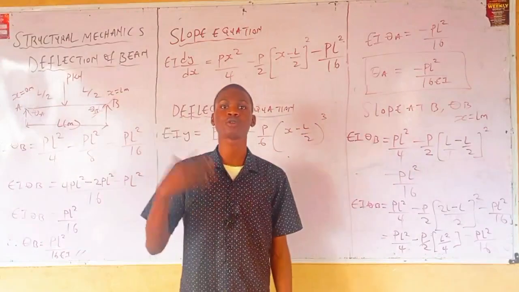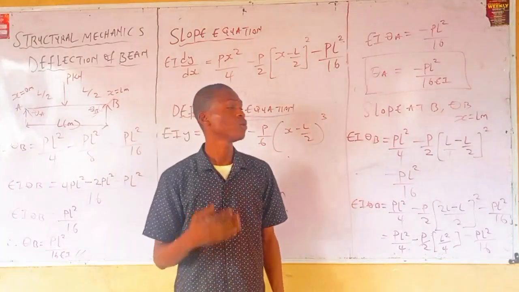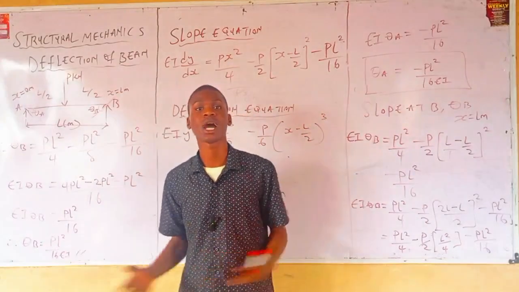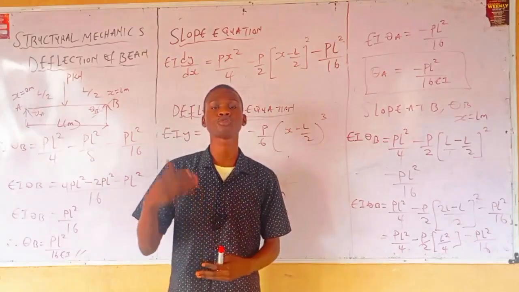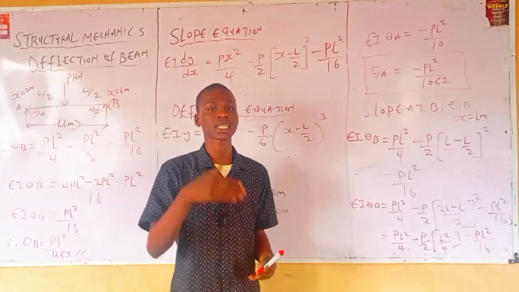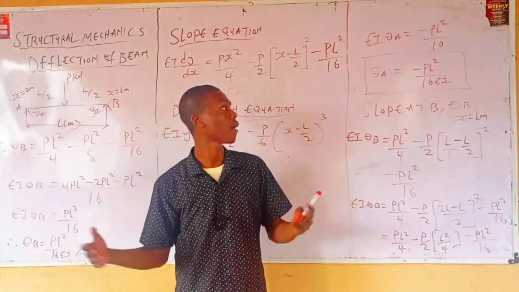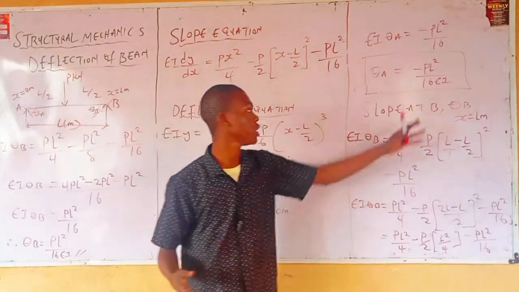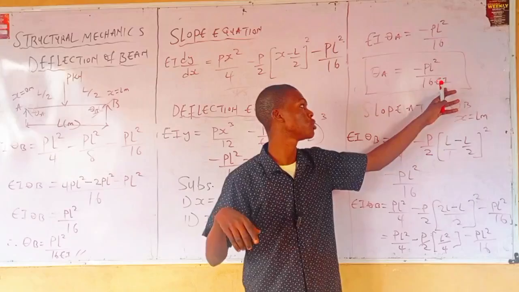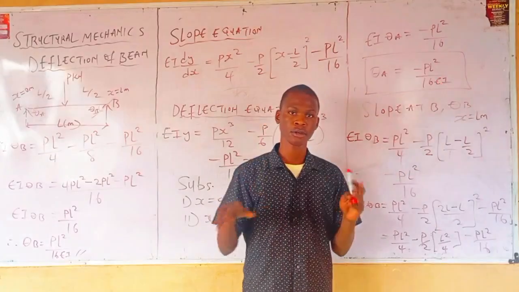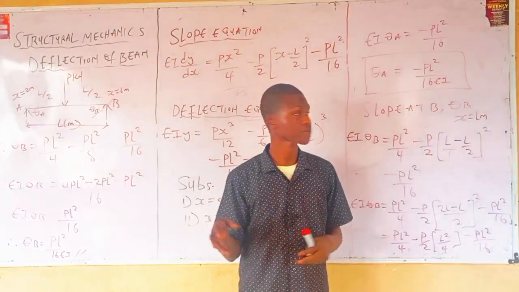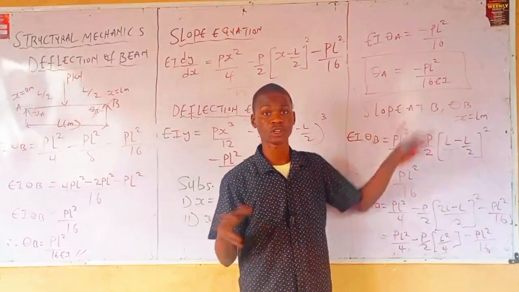What if the question goes further and says that, knowing the value of the slope at A and B, given that P is equal to 8 kilonewton, given that L is equal to 10 meter, and your EI, take note, EI is called the flexural rigidity.